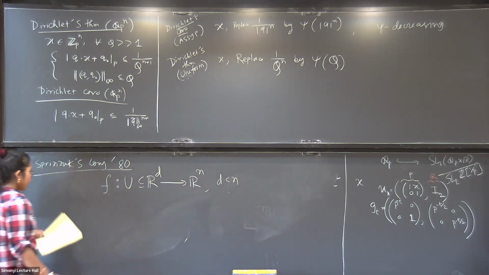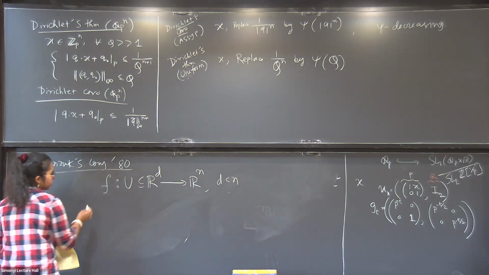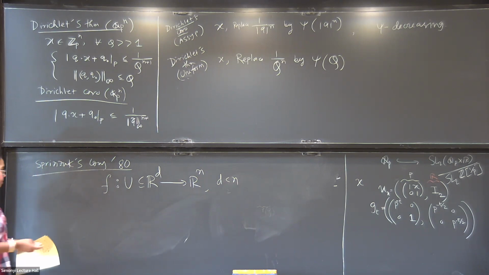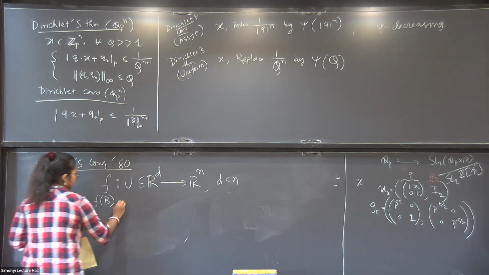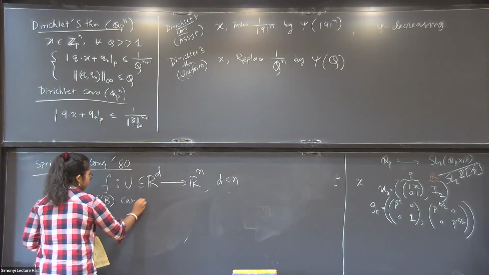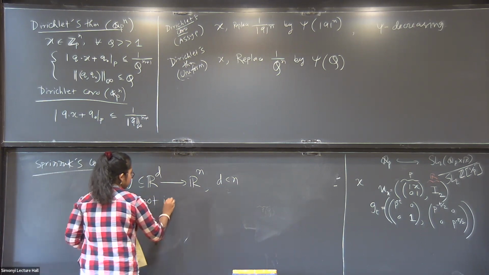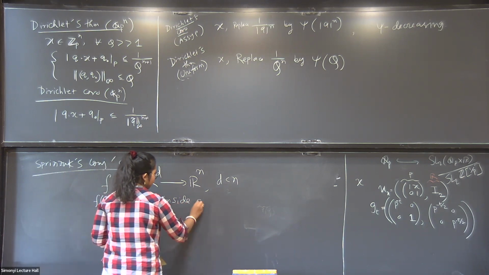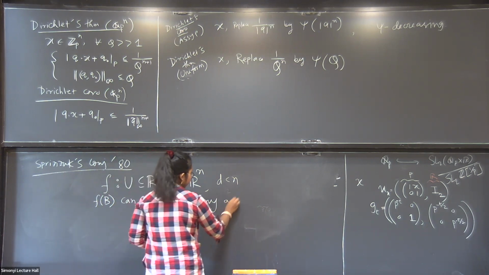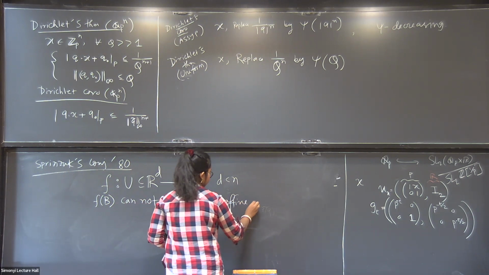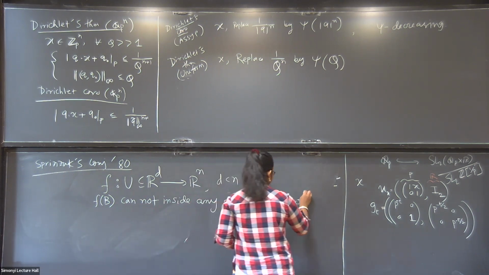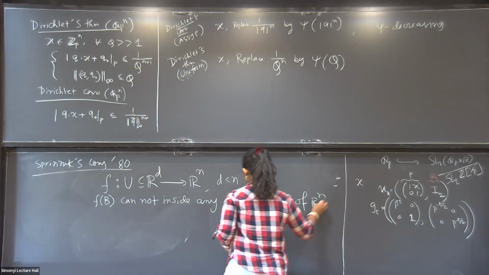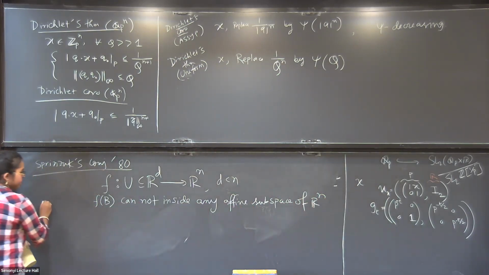Assume that f is nondegenerate, meaning f of b cannot be inside any affine subspace of Rn, and this holds for all b.